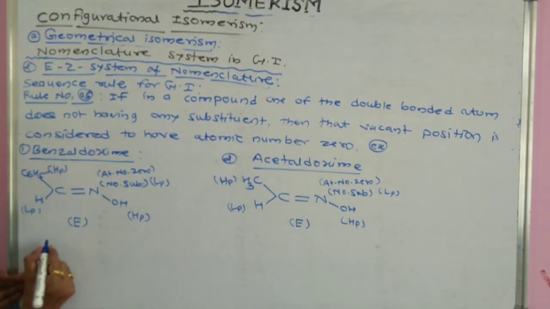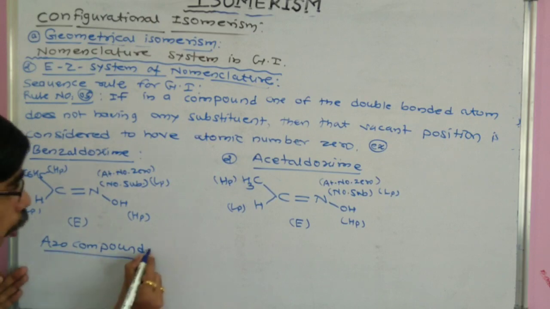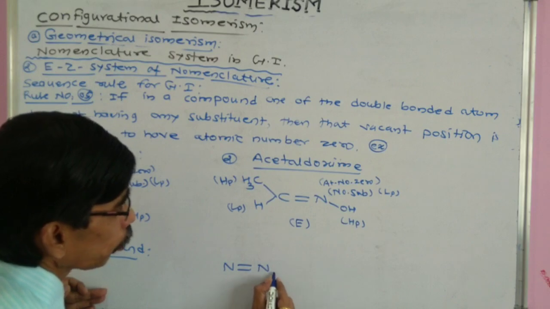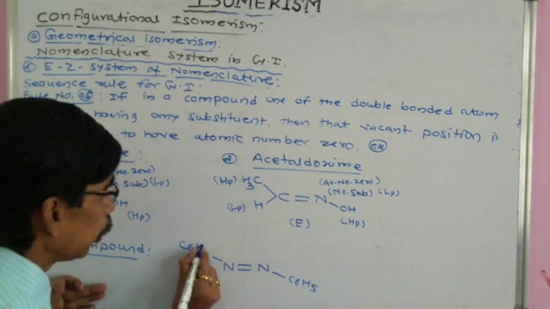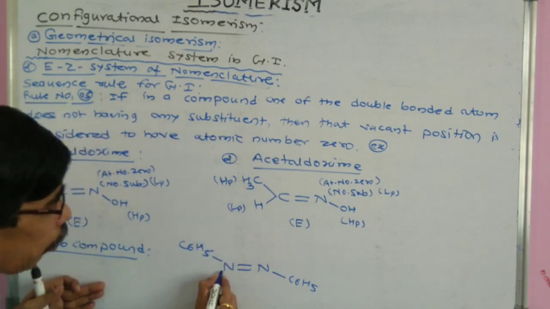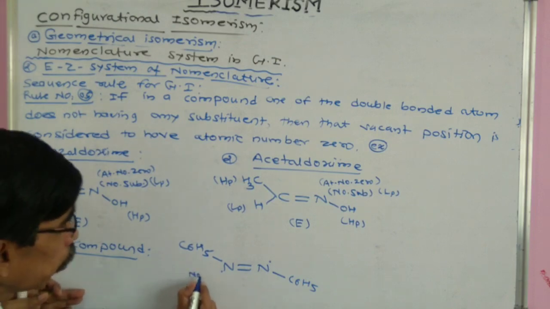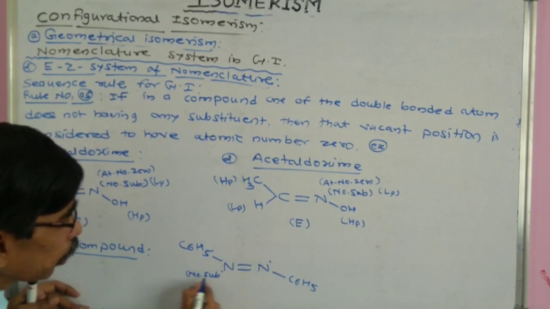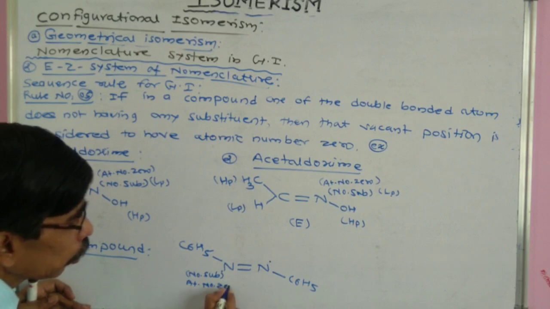Now, azo compound. In this azo compound there is N double bond N, there is C6H5 and there is C6H5. Now this is the vacant position and this is also the vacant position, that is no substituent, therefore the atomic number is 0.